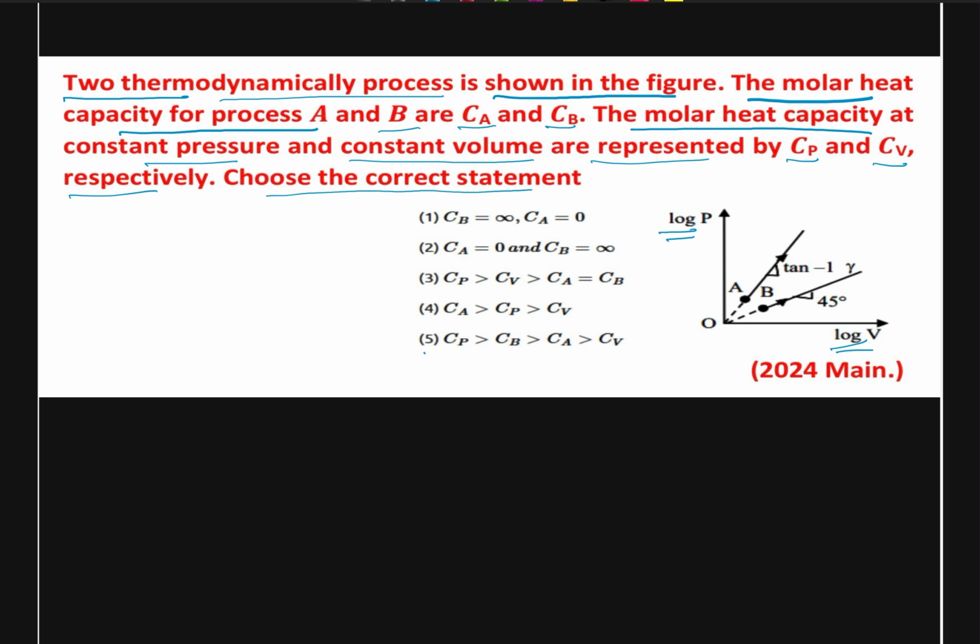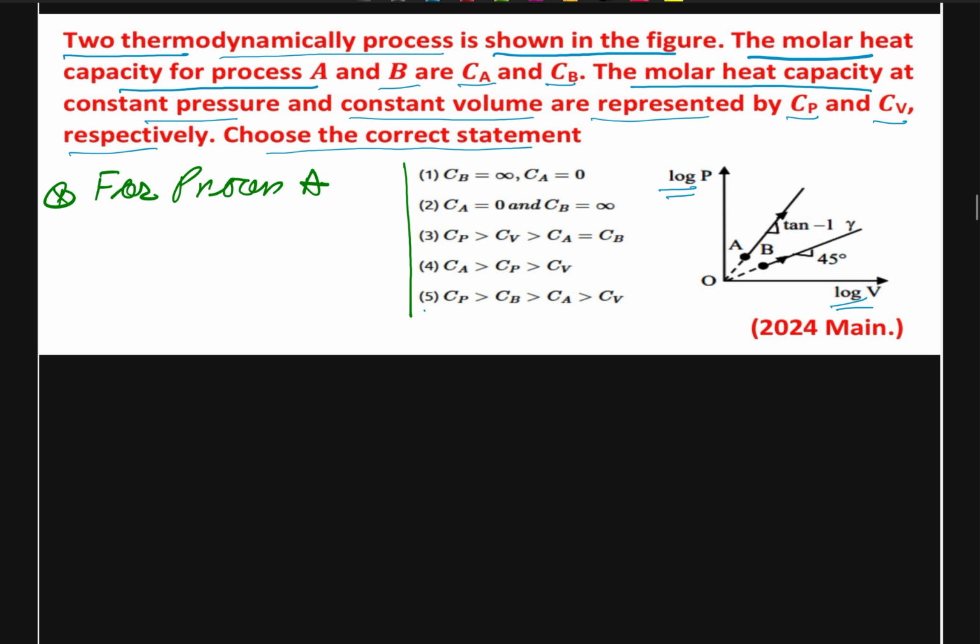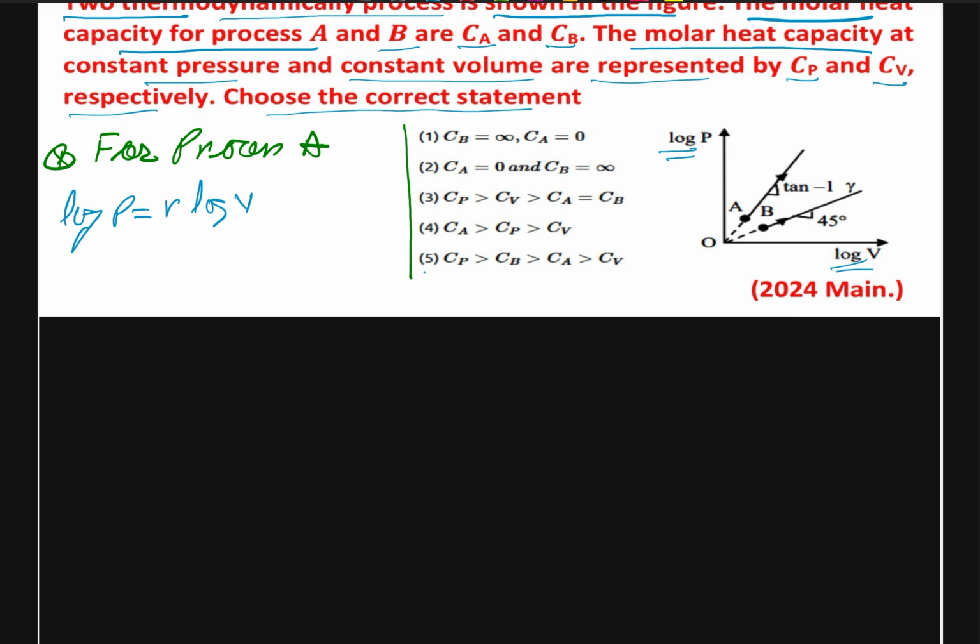So for process A, we can write the equation that log of P will be equal to gamma times log of V, and we can further write that P is equal to V raised to power gamma, or from here we can say that P V raised to power minus gamma is equal to constant.